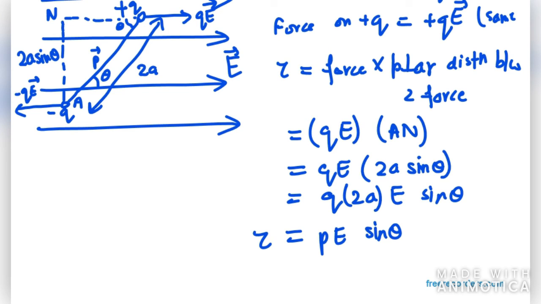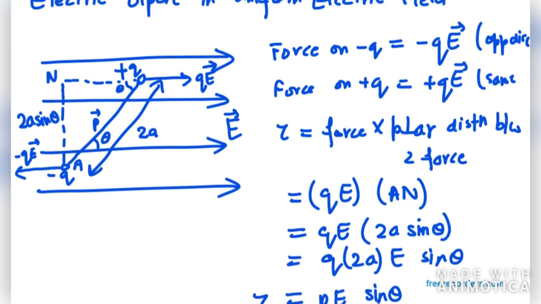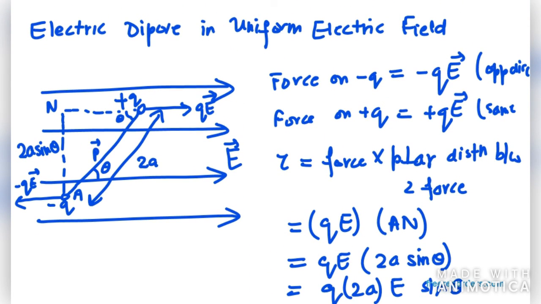Now, if you want to write this in vector notation, torque equals P cross E. P is the electric dipole moment, a vector from charge minus Q to positive Q, and this equation is represented in vector form, that is torque vector equals P vector cross E vector. So this is how you denote torque under uniform electric field. So that's all for electric dipole in uniform electric field.